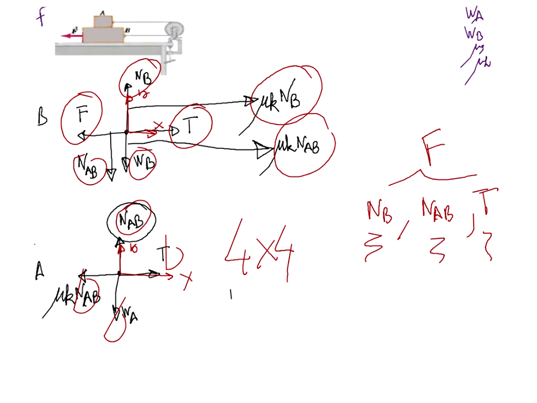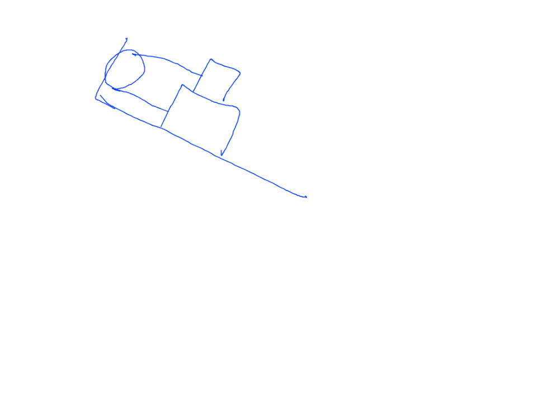So now what I would like to ask you is to do this problem. Or that problem. But this one, we have to make some assumption. Same problem, same question.